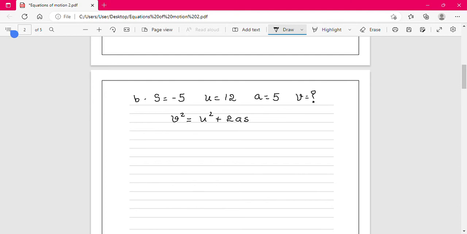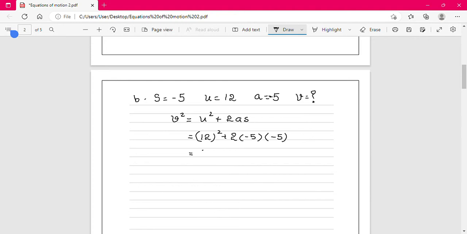Substitute these values. 12 square, A is the deceleration -5, so 2 into -5, and S is also -5 because you want the speed of the particle when it crosses the point whose coordinates are -5 on x-axis.